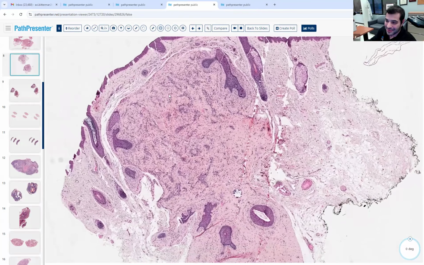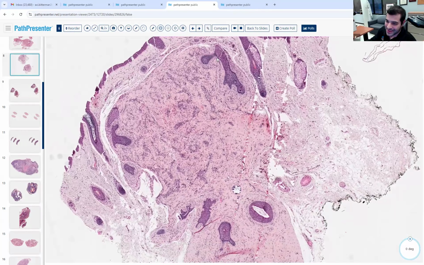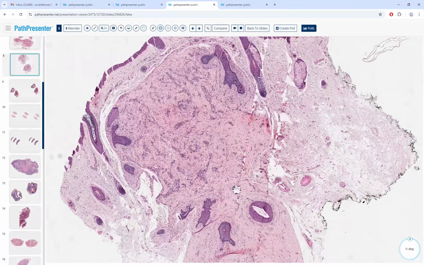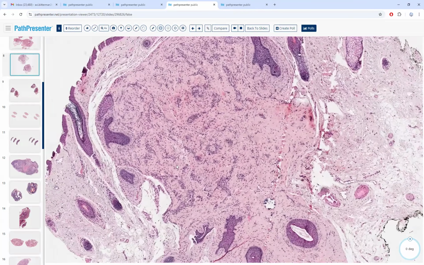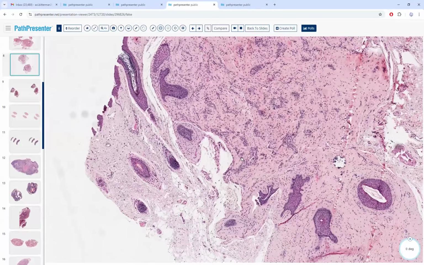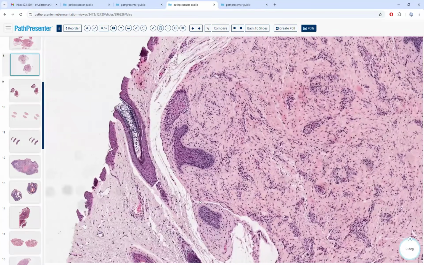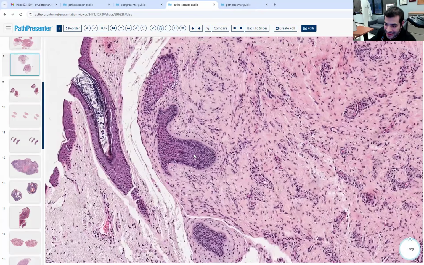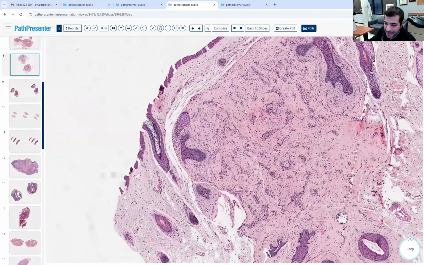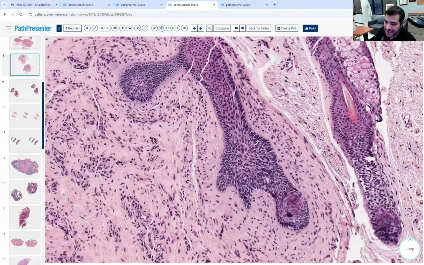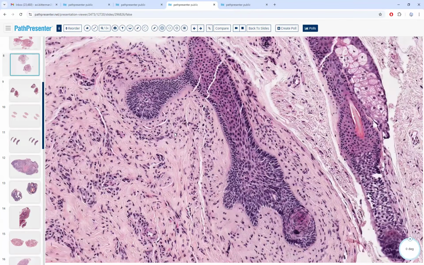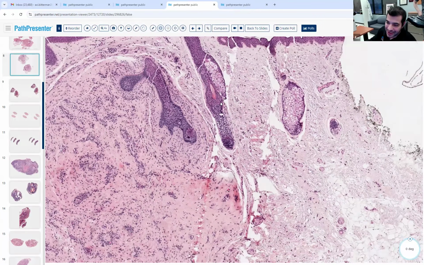So how are we going to go about describing this neoplasm? There are groupings of blue cells with peripheral palisading. There's also retraction, but it's more stromal retraction, I would say. I'm not seeing it quite palisading the way a basal cell would, though there is some palisading over here. So what are we thinking these structures are?